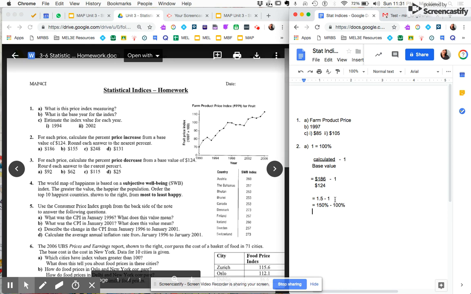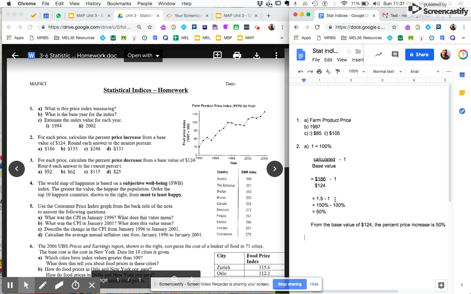So my final answer is that it is 50%. I can write this in a full sentence as, from the base value of 124, the percent price increase is 50%.